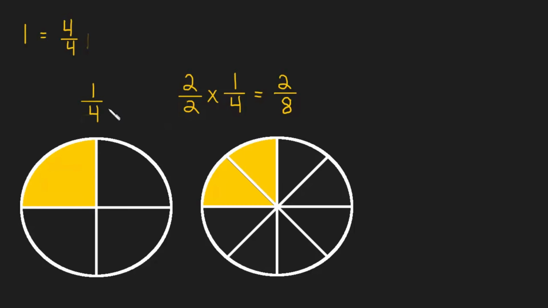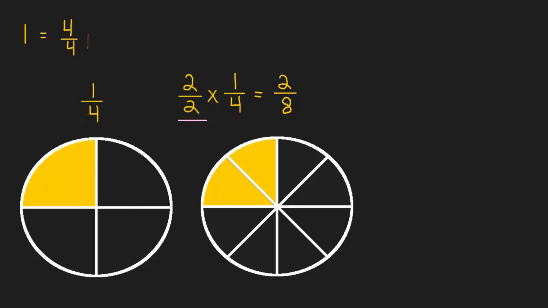So 1/4 is this exact same amount of pie as 2/8. Why is that? Well, because of this right here. We multiplied by 2 over 2, but we just talked about the fact that that's the same thing as 1.